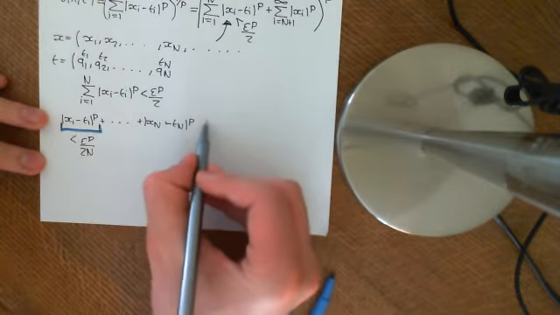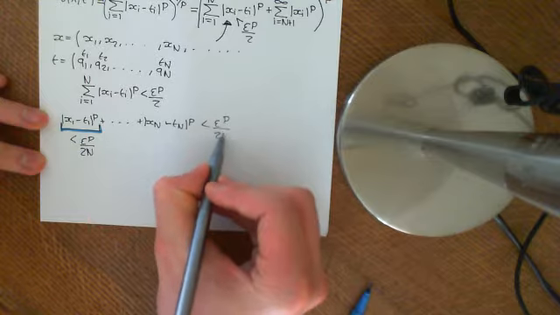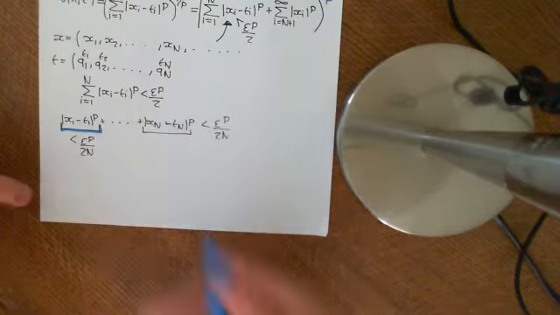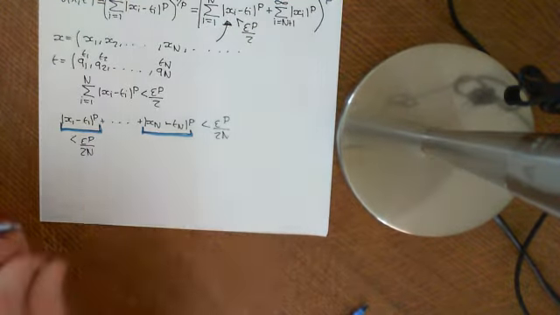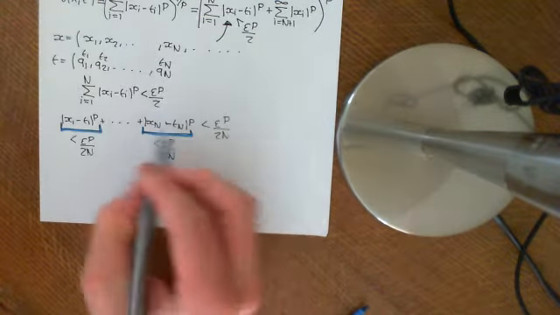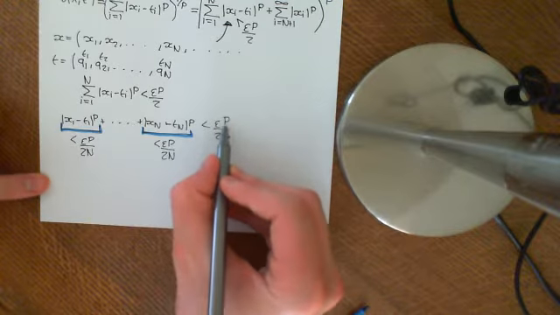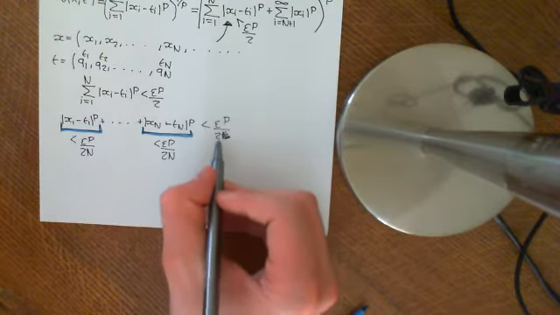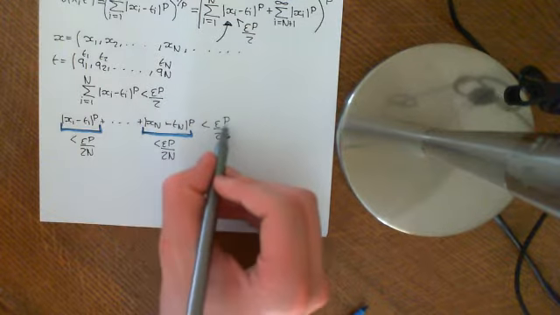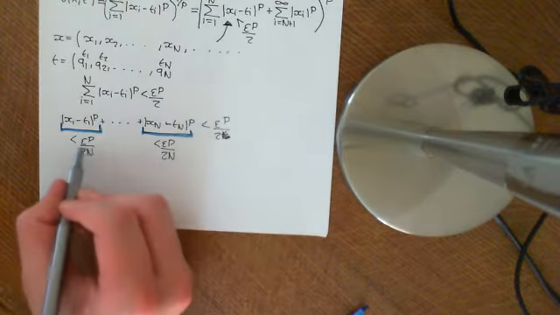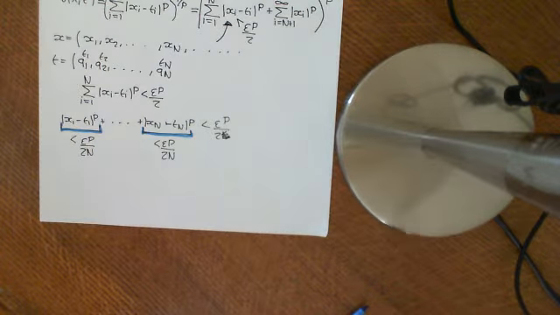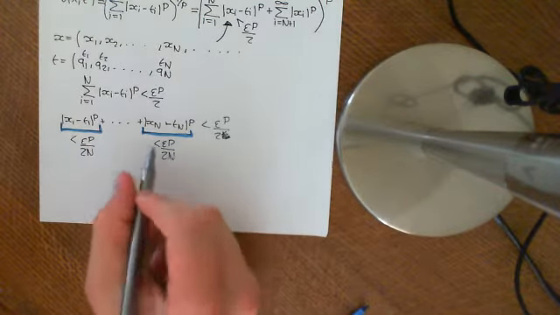I'm trying to make the whole sum less than epsilon to the p over 2. So if I make each of the n bits that you're adding up, to get the thing that you want to be less than epsilon to the p over 2, less than epsilon to the p over 2n, 2 times n, I'm sorry, it's a bit of a word twister.